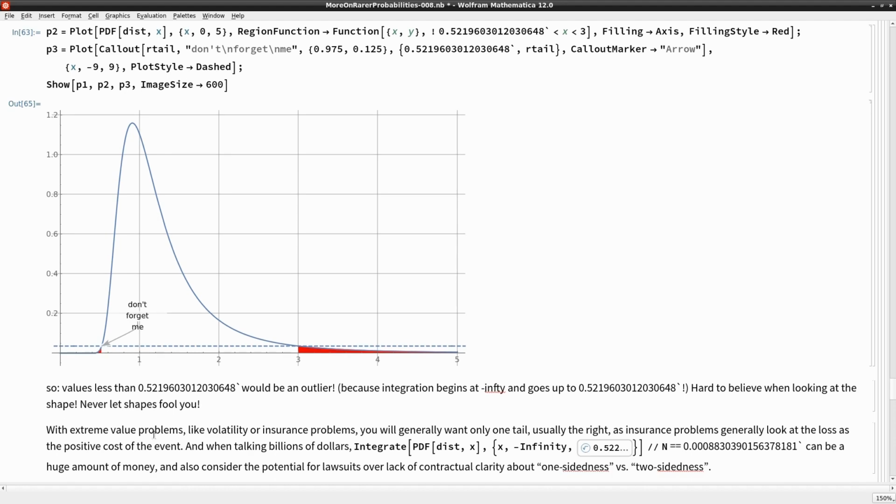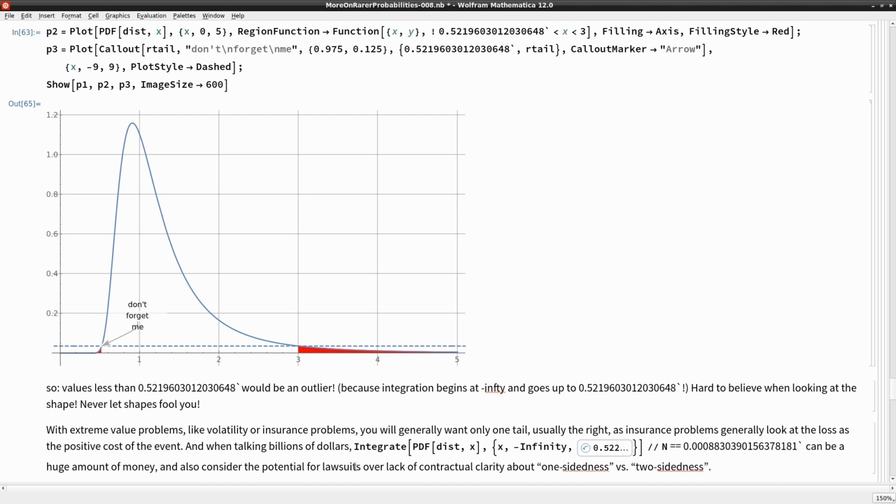And in general, with extreme value problems like we have in volatility in financial trading, or in insurance problems, you will generally want only one tail. It's usually the right one, as insurance problems generally look at the loss, the positive cost of the event. And when talking billions of dollars, and that is the case in many insurance problems, this integral, this number that corresponds to that, can be a huge amount of money.